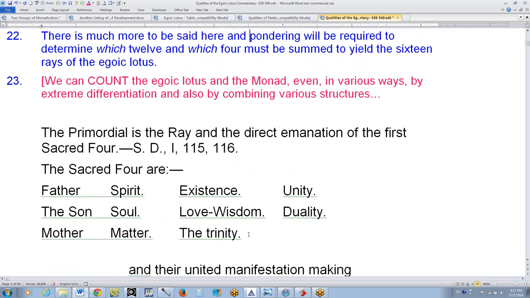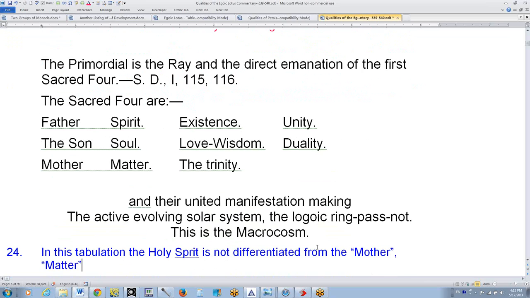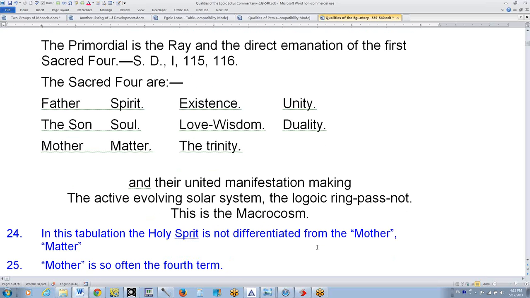This is another kind of footnote. The primordial is the ray and the direct emanation of the first sacred 4. The sacred 4 are Father, Spirit, Existence, Unity; the Son, Soul, Love, Wisdom, Duality; Mother, Matter, the Trinity; and their united manifestation, making the active evolving solar system, the logoic ring-pass-not, and this is, at least for our purposes, the macrocosm.